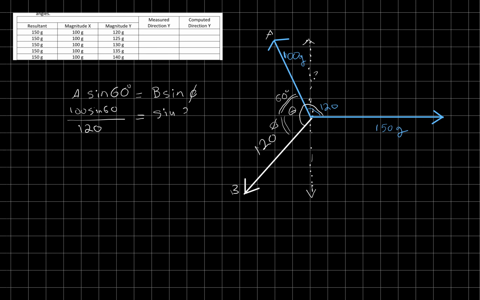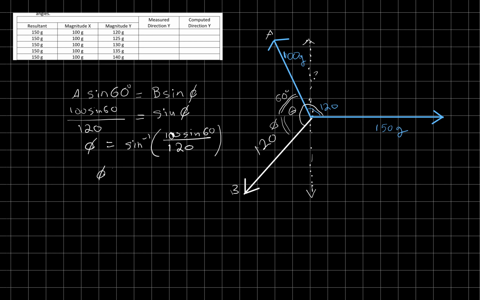So phi equals sine inverse of the expression on the left side: sine inverse of 100 times sine 60, all divided by 120. Computing that, the angle is about 46 degrees.